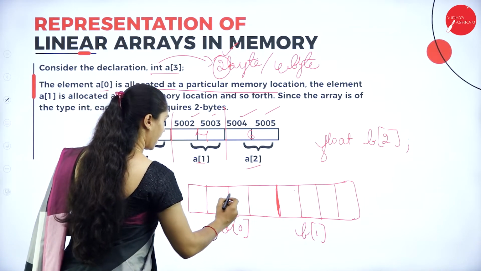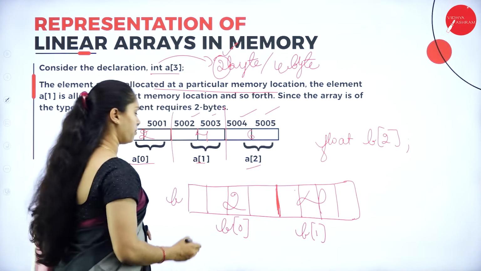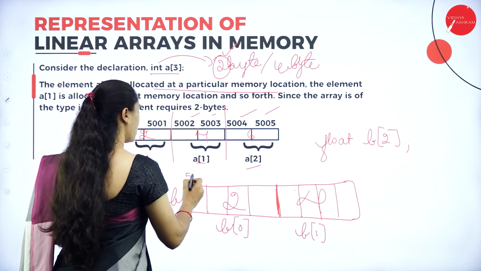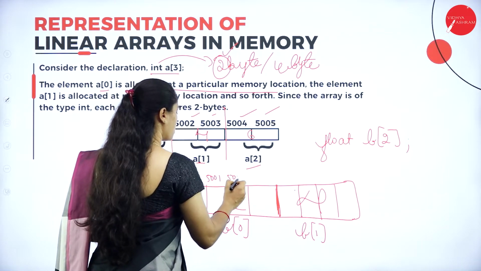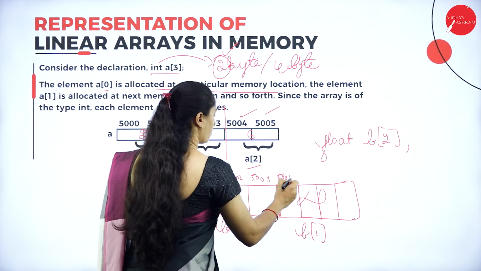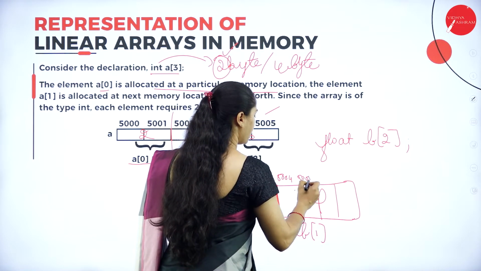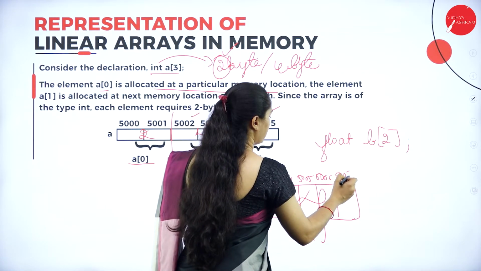So one element will be stored here and another element will be stored here. If it is 5000, then it will be 5001, 5002 and 5003. The next will be 5004, 5005, 5006 and 5007 at last.